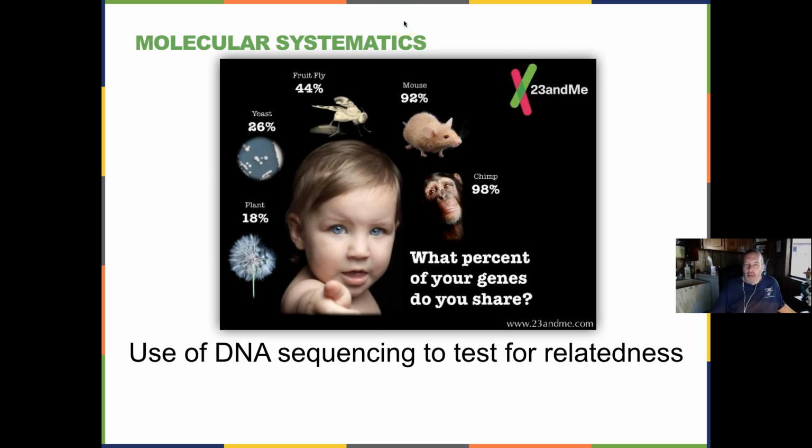We can look at the mouse. We share 92% in common with mice. And remember, a mouse is still a mammal, as we are. And again, we share a lot in common with them. Only 44% with a fruit fly, but that's still almost half of our DNA is similar to that of a fruit fly.